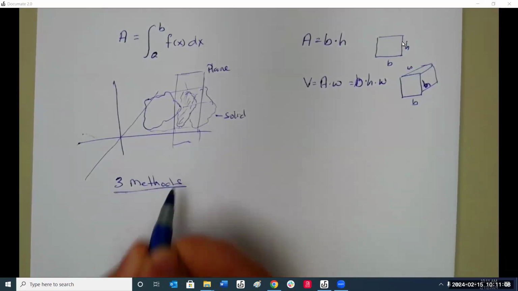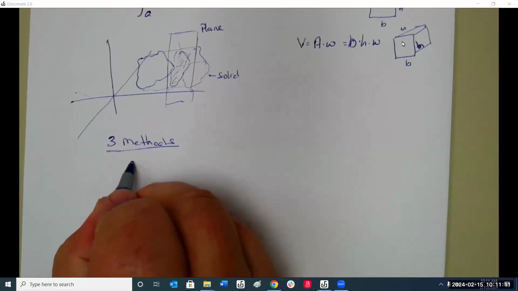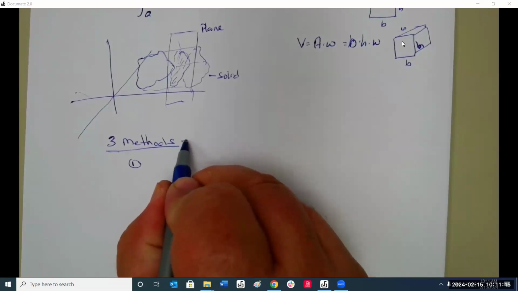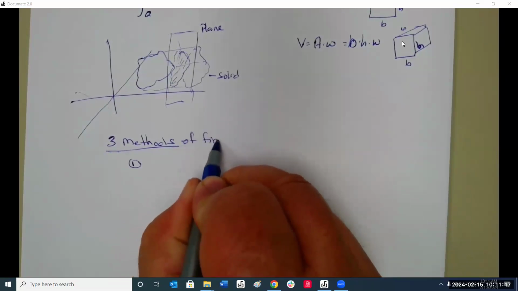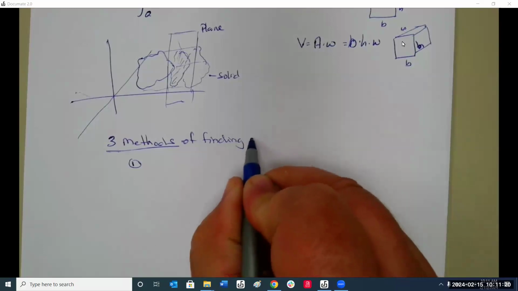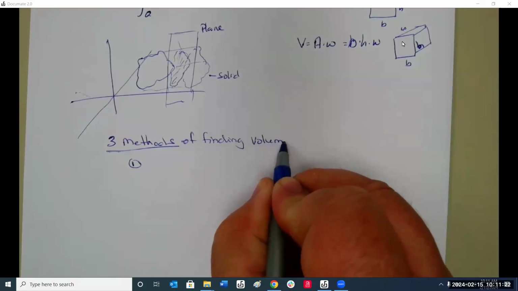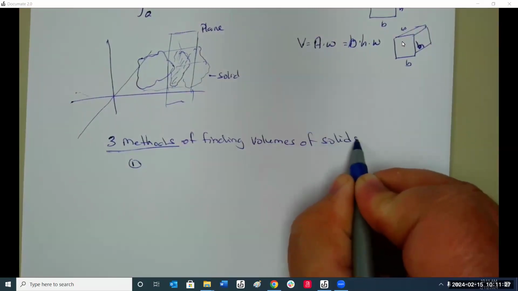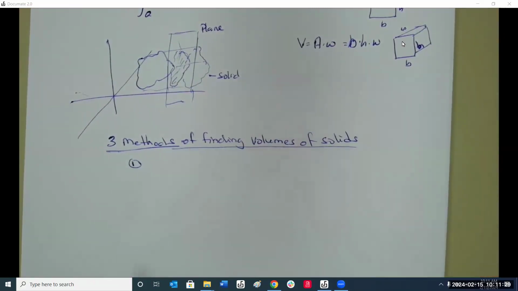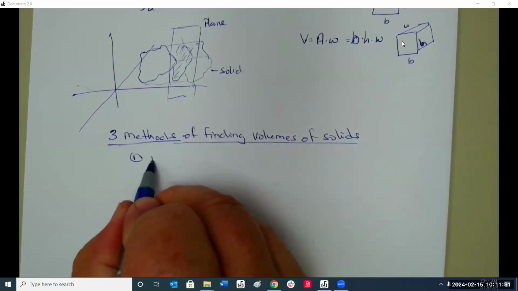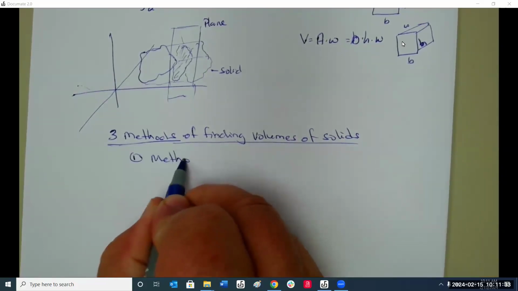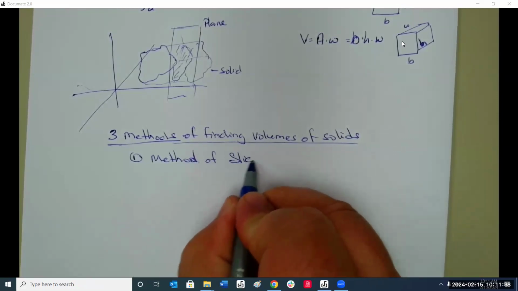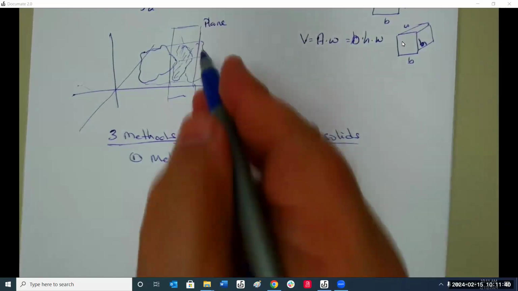We'll look at all three methods of finding the volume of a solid. The first method is the method of slicing, like we just did up here.